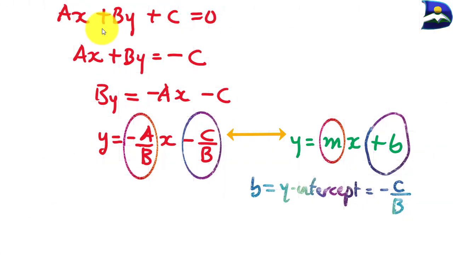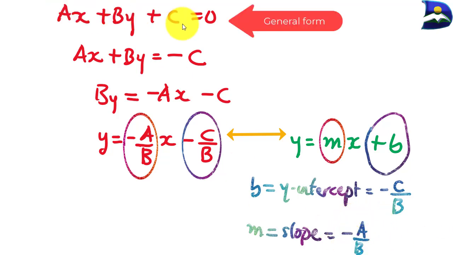On the other hand, we have our m, which is our slope, equal to negative a over b, from our general form. Therefore, we are able to effectively transform our general form to our slope-intercept form.